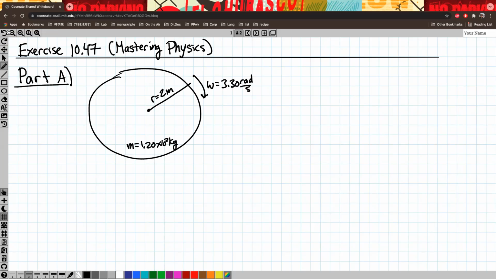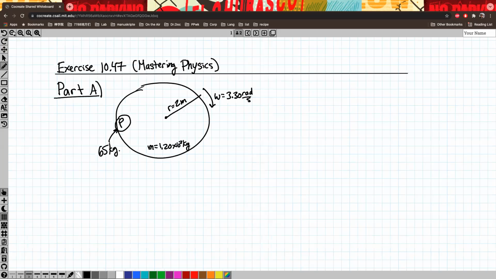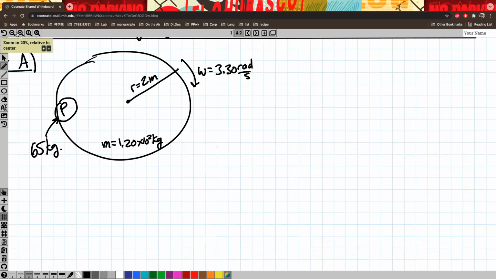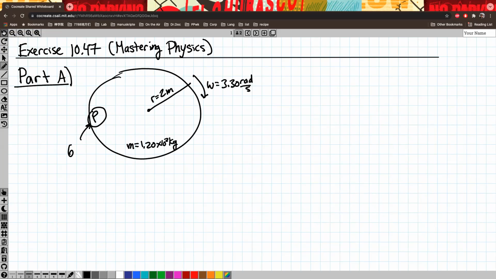Suddenly, a 65 kilogram parachutist makes a soft landing on the turntable at a point near the outer edge. So this is what it initially looks like. And then at the end, you have some parachutist landing, and that person weighs 65 kilograms, landing at the edge, basically, right?